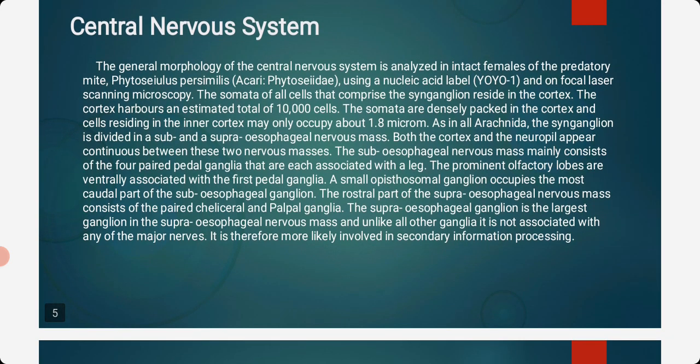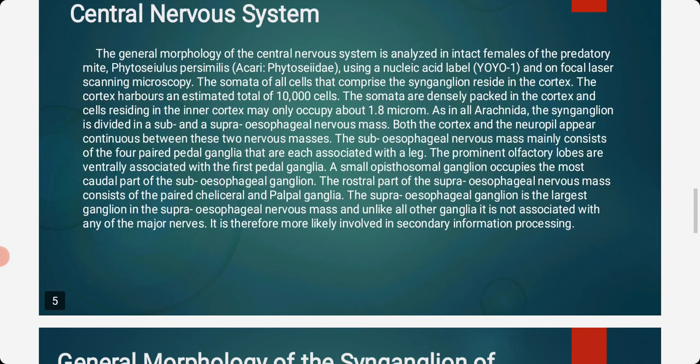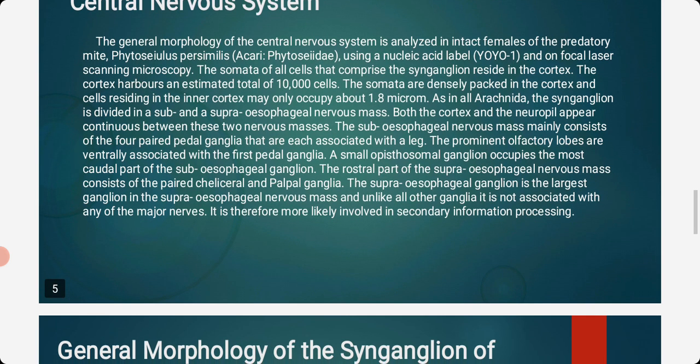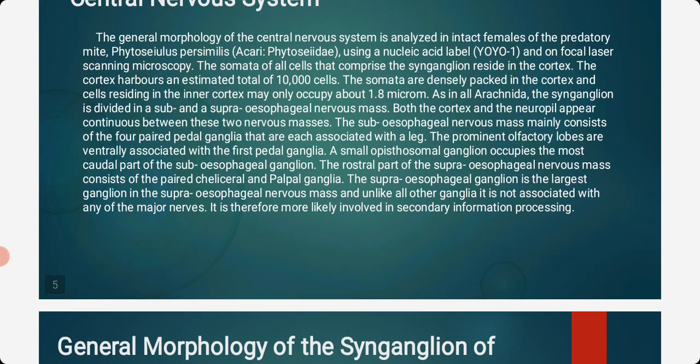So, the sub-esophageal nervous mass mainly consists of the four paired pedal ganglia that are each associated with a leg. So, yung sub-esophageal nervous mass ay nagko-consist ng four pair of pedal ganglia that are each associated with a leg.